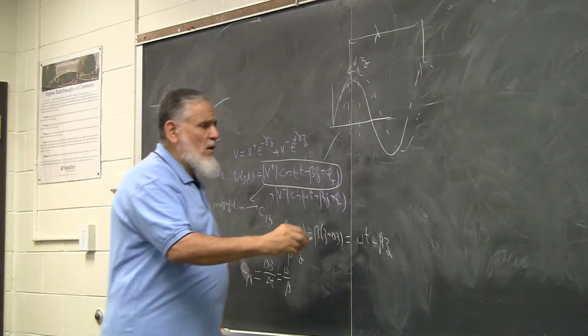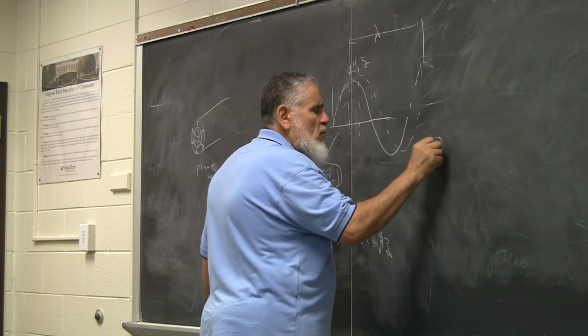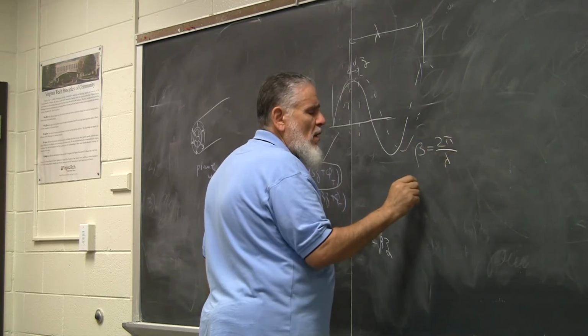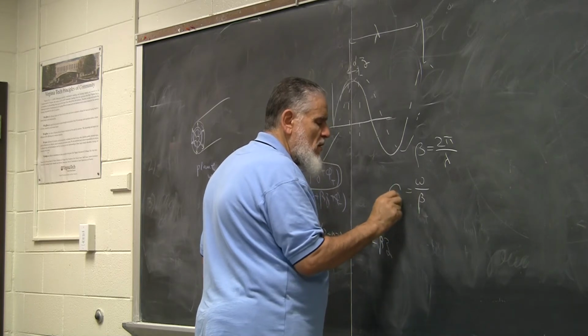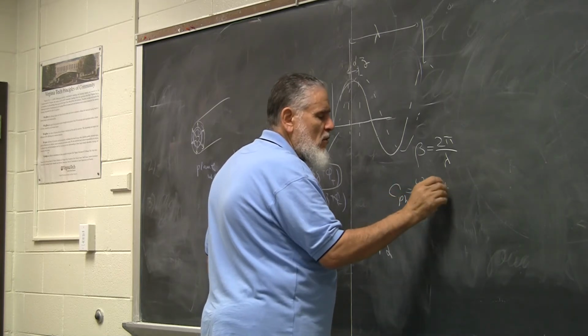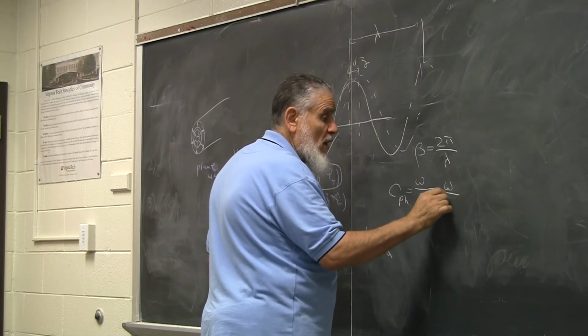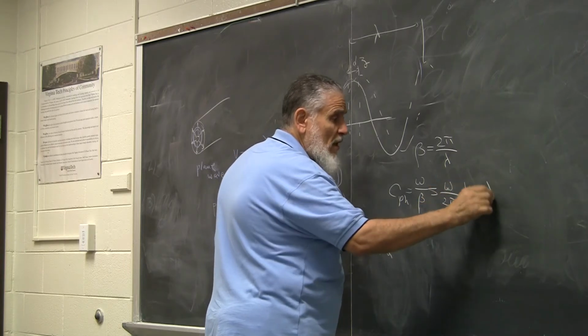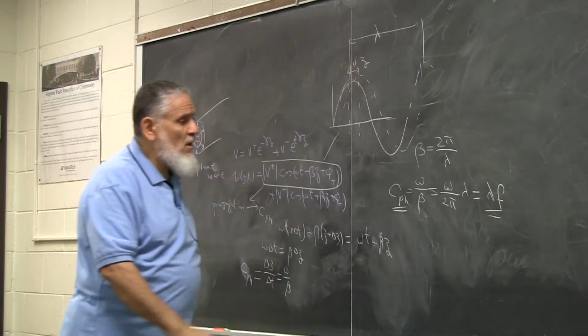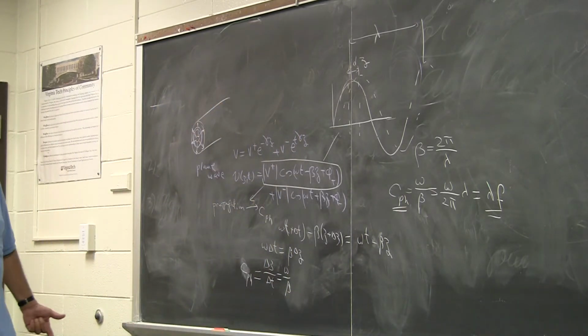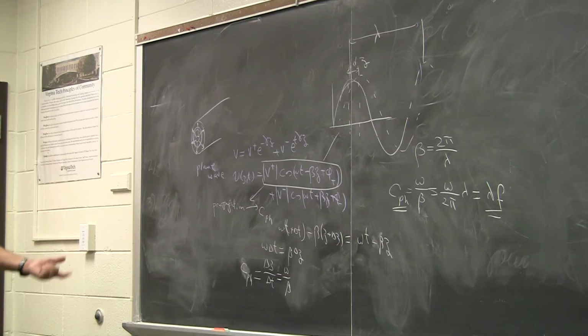So we have beta is 2 pi over lambda, and obviously omega over beta, which is the phase velocity, is equal to omega over 2 pi lambda, which means lambda f. So we end up with lambda f is equal to c phase, and these are all characteristics of plane wave propagation. And that's basically the speed of light in that particular media, whatever the media is.